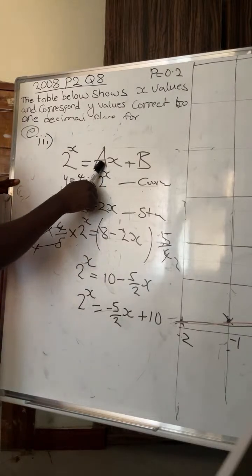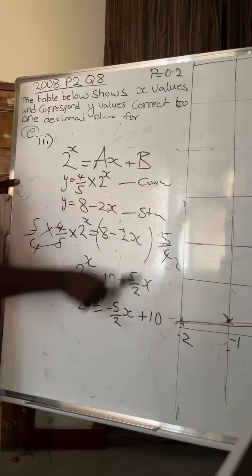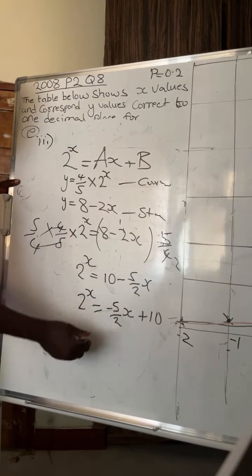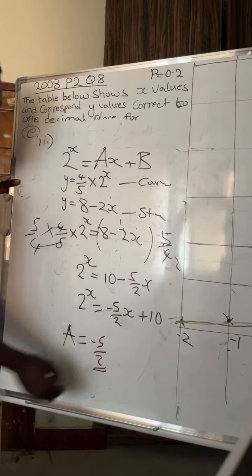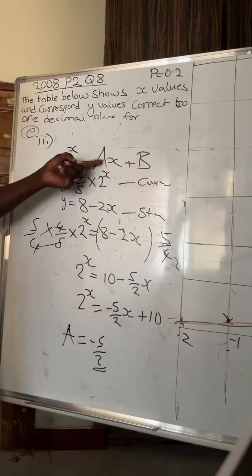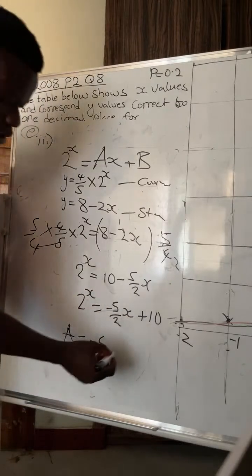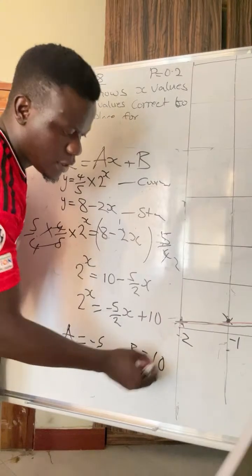According to this equation, a equals negative 5 over 2 and b equals 10.